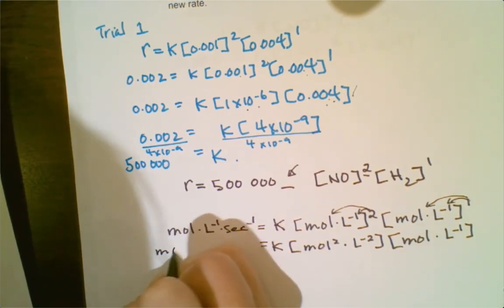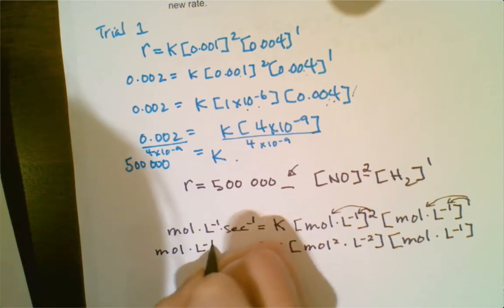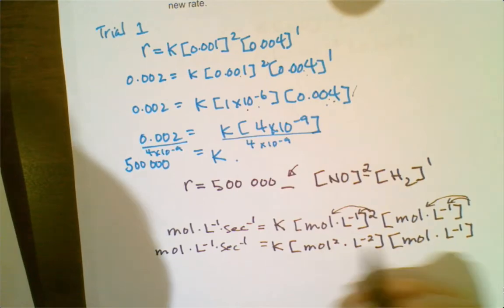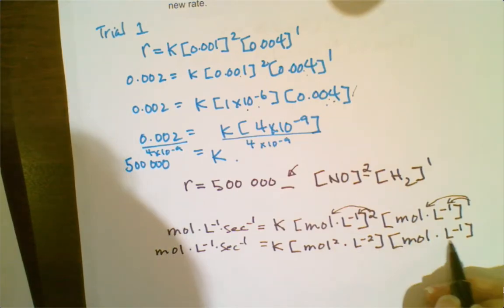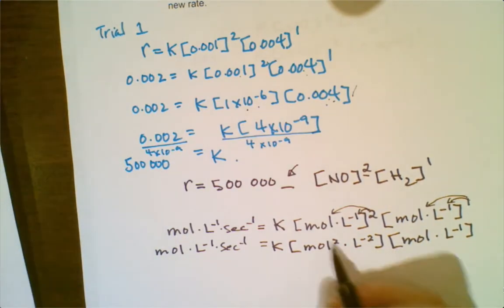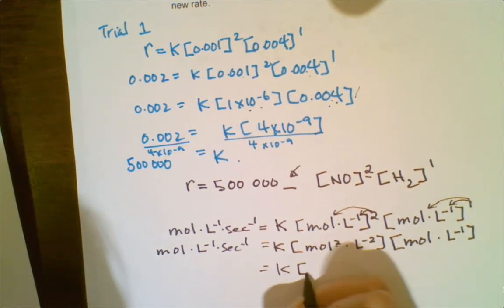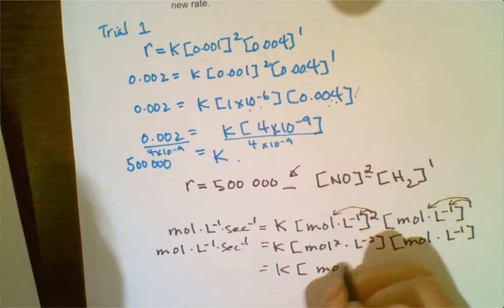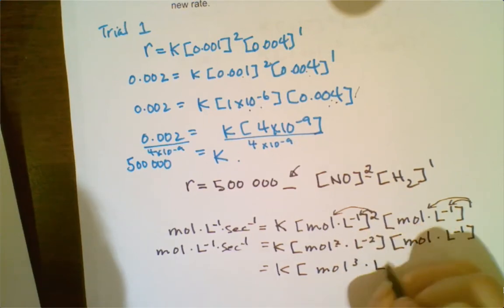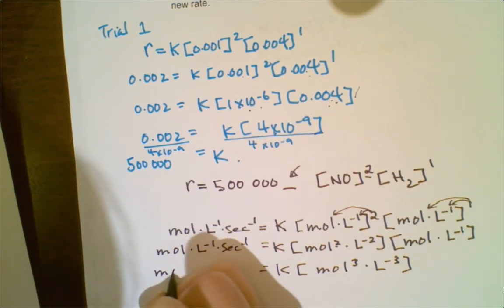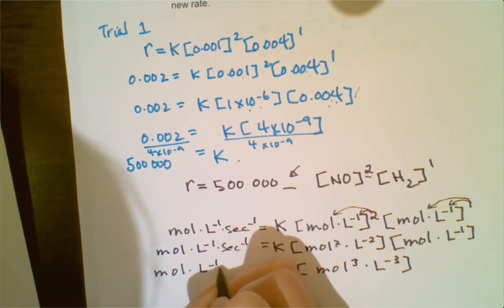Again, on the other side, I still have my rate written like this. Now when you are multiplying your units together, we must add exponents. That's your exponent rules. So on the right, this becomes moles to the 3 times liters to the negative 3. And again, on the left, I still have this written out for my rate.